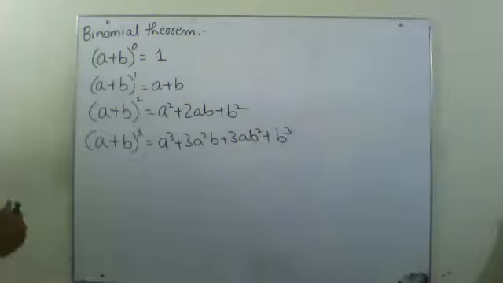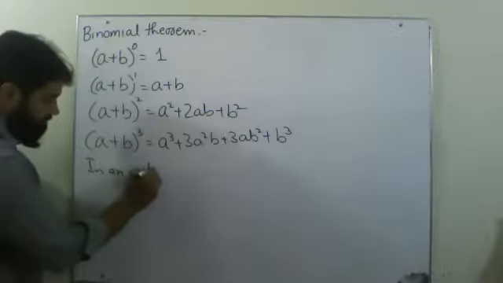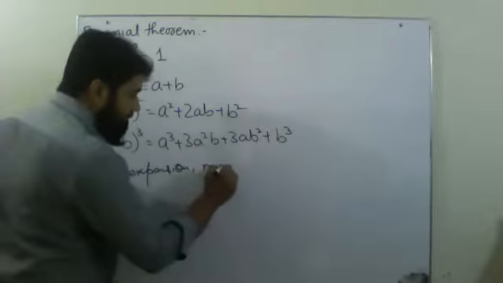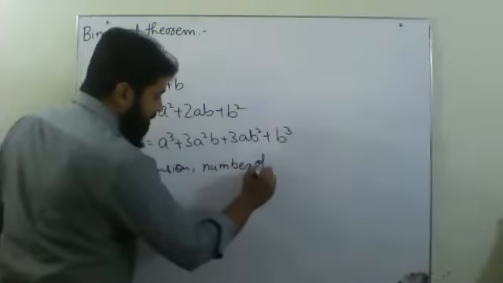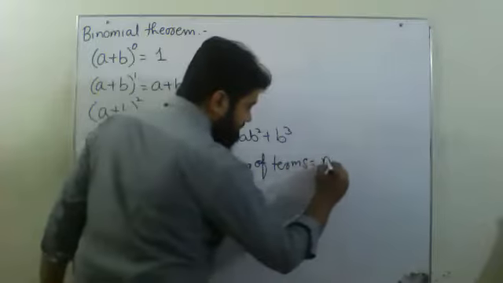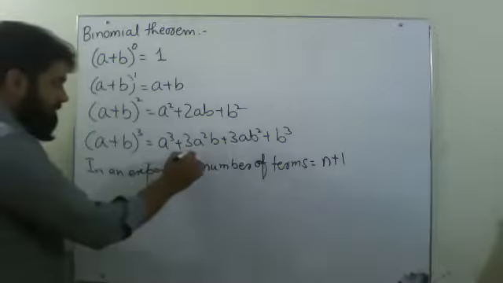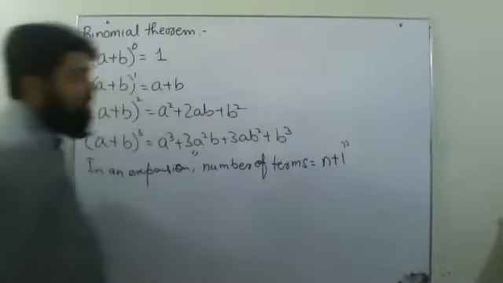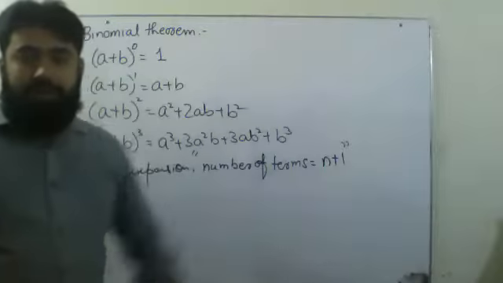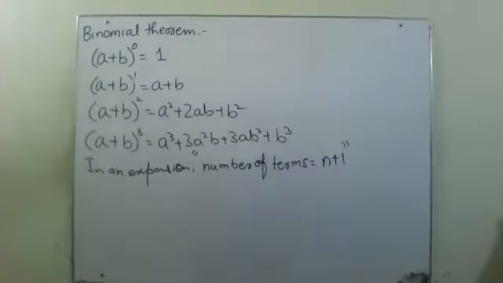So it means in an expansion, the number of terms will be equal to n + 1. The number of terms which we get after expansion will always be equal to n + 1. That is the first thing I am giving you here.